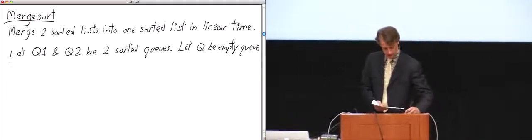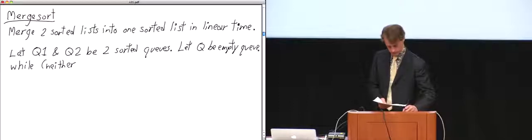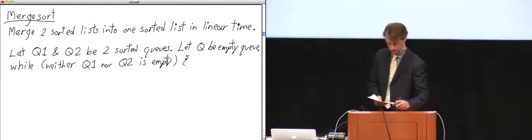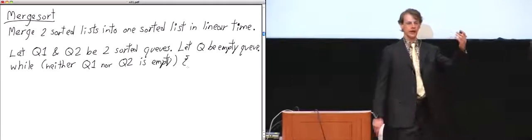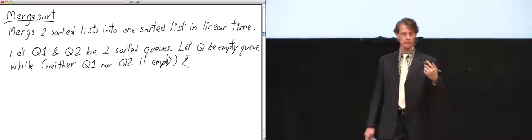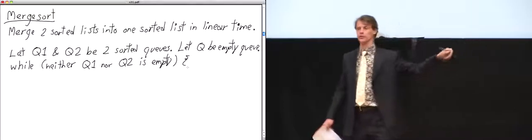Now, as long as the input queues are not empty, I'm going to look at the item at the front of Q1, look at the item at the front of Q2, and compare them. Whichever one is smaller, I'll take it out and put it into the output queue.